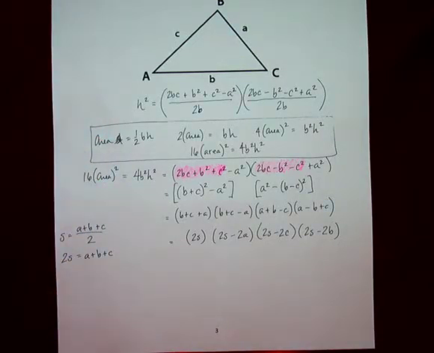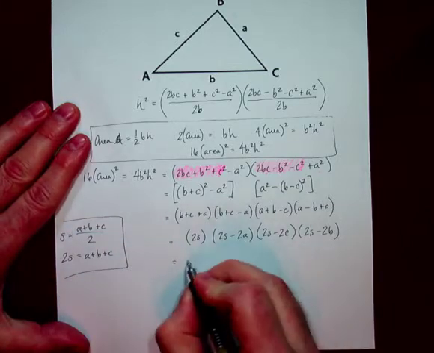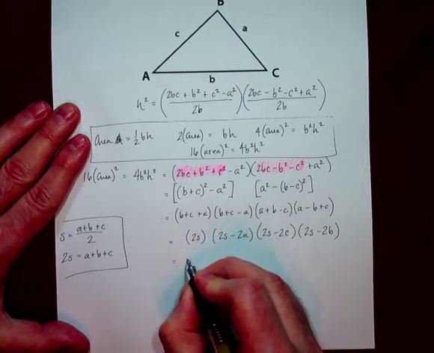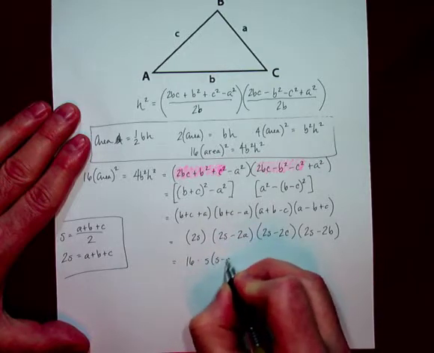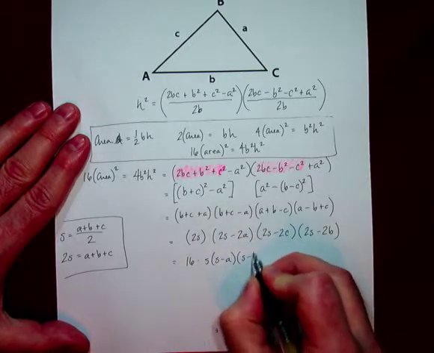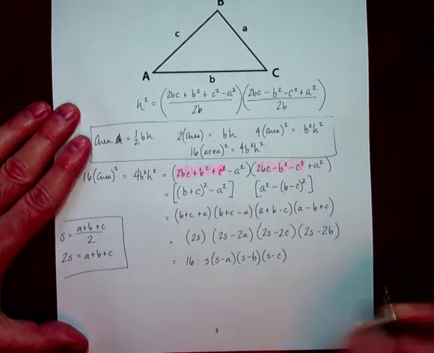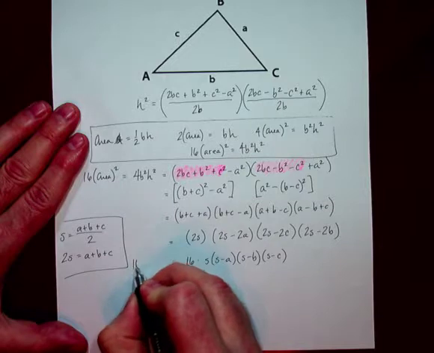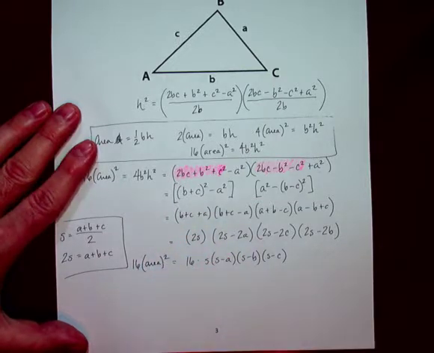They all have a common factor of 2 out there. Isn't that interesting? Well, let's pull out all those 2's, and that's 4 2's. So that's 16 times s minus a times s minus b. I'm just reordering it because multiplication is commutative. But we have to remember that that is 16 times the area squared.